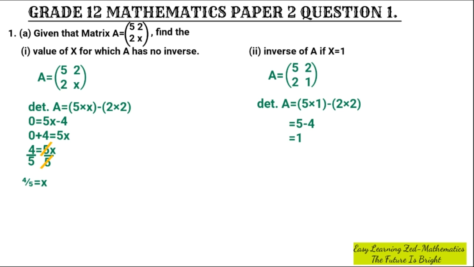To find the inverse of matrix A, we're going to write A inverse is equal to 1 over the determinant, multiplied by the adjoint of matrix A. If you don't know how to write the adjoint, please go to our playlist called matrices.